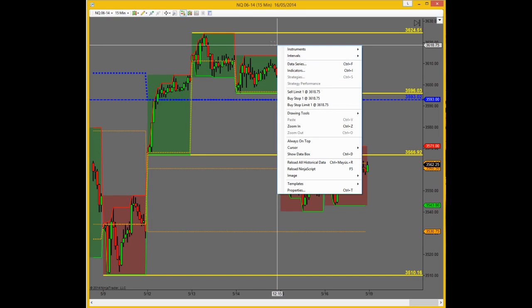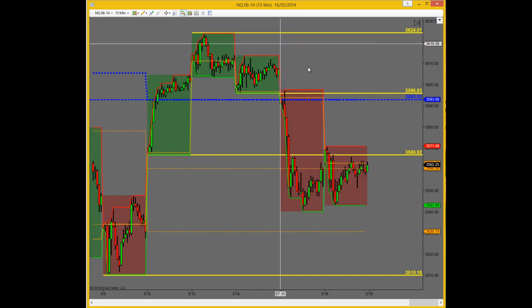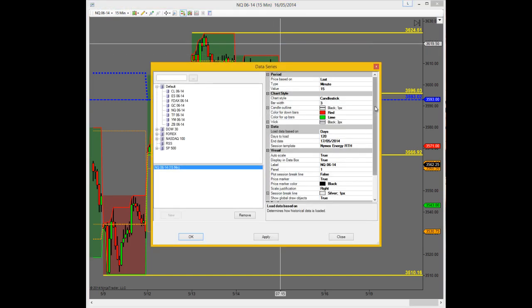Okay, the first thing I'm going to let you know is that to find the reversal levels, I use an IMEX Energy RTH template, and that's the session template I use.